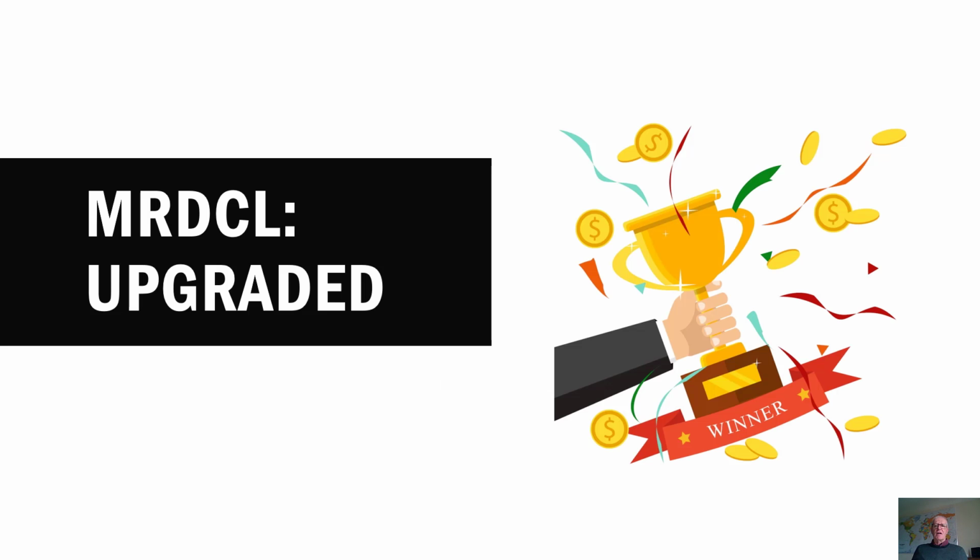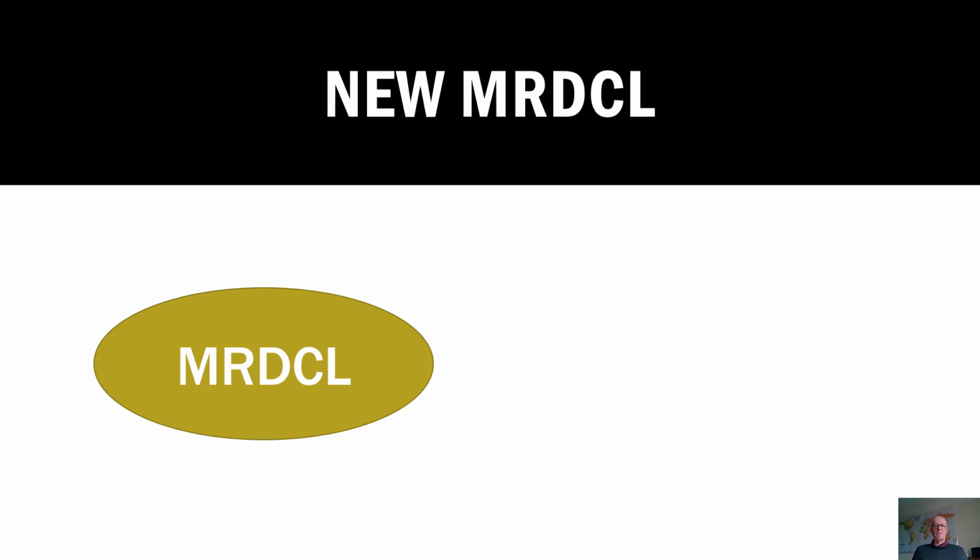So big upgrades, and we think this makes MRDCL something new because it's not just an engine now for producing tables, it's a data management system, an automation system, and in 2021 we'll be automating PowerPoint reports using MRDCL scripting language, which will be something new that you'll be getting in 2021. So real power there to link a process straight through to PowerPoint delivery or through to a dashboard system.